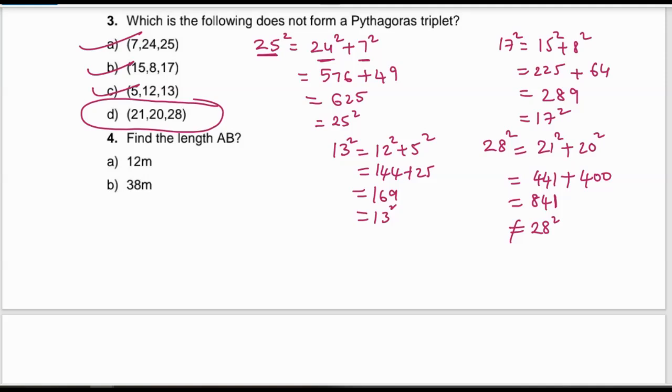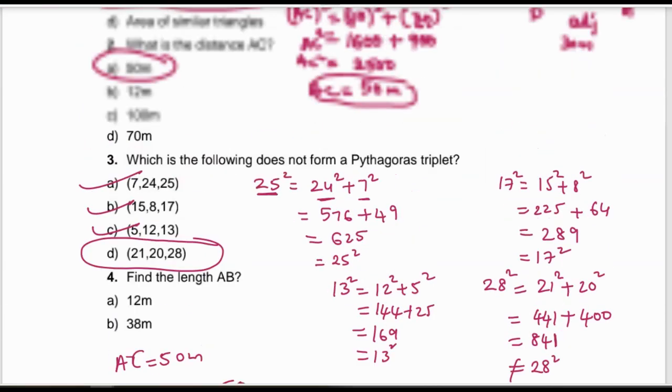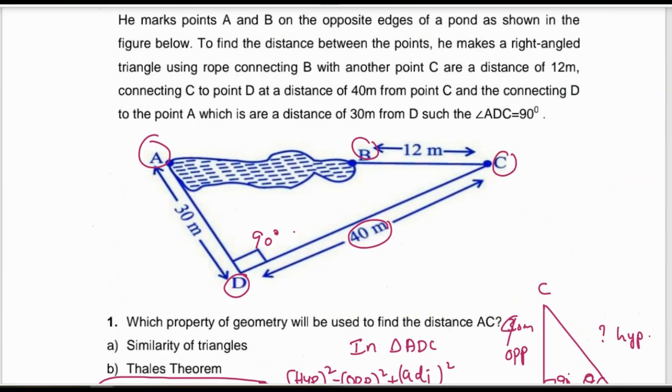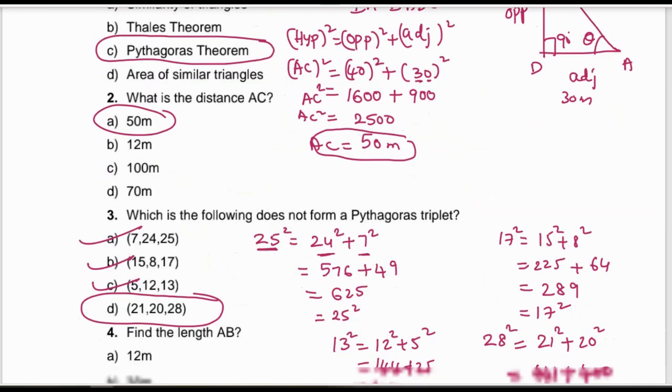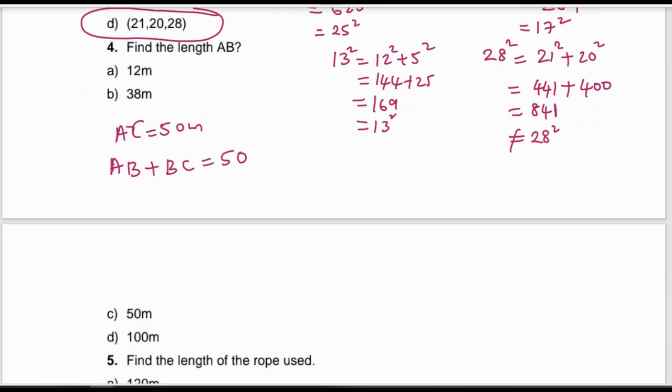Here we know that AC is 50 meter, and AB plus BC will give us AC. So we are finding it by using this property. So AB plus BC is 50.